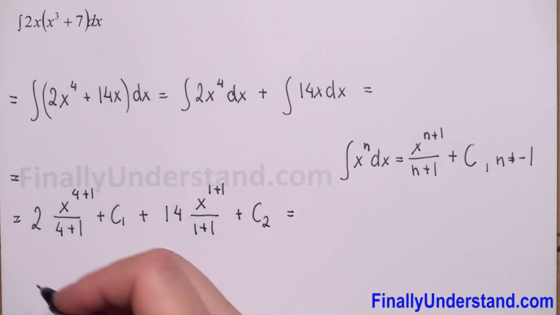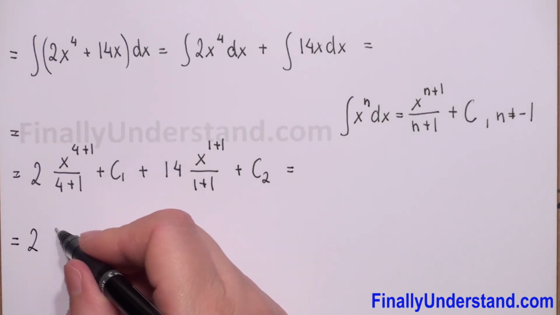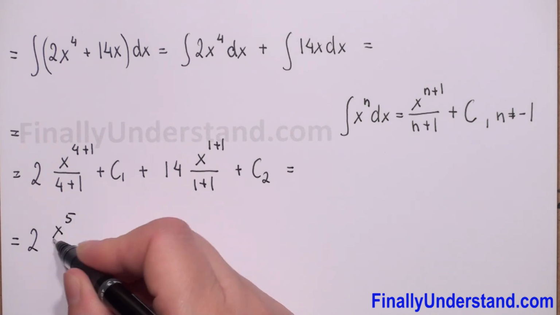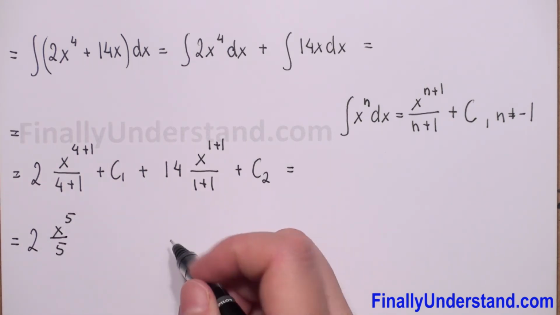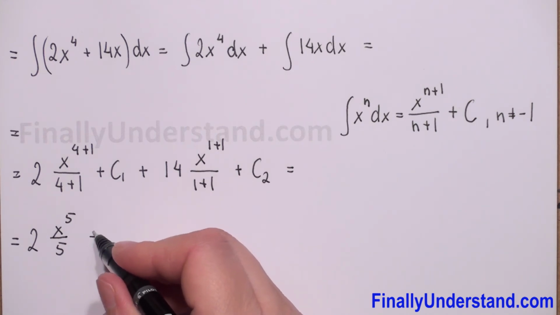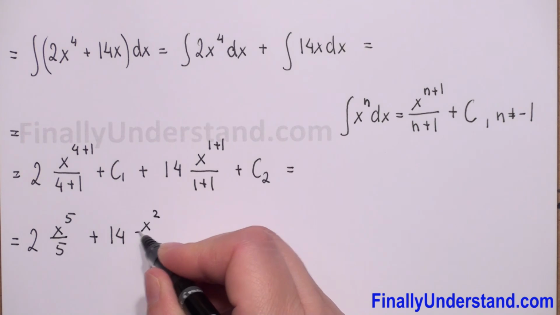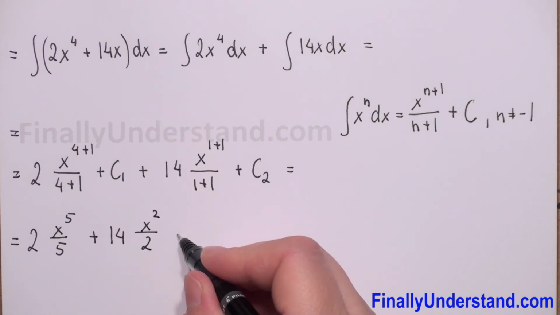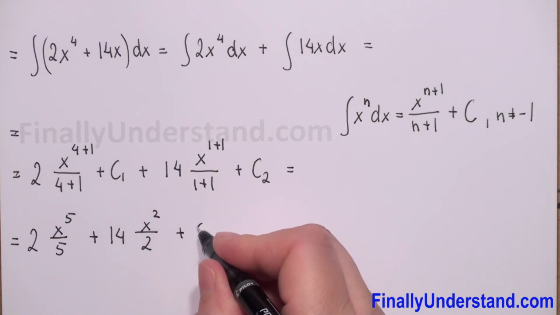So this is equal. We have 2 times x to 5th power over 5. Next I will put the expression with x, so it will be plus 14 x squared over 2, and we can write now plus, instead of c1 and c2 we can write c.